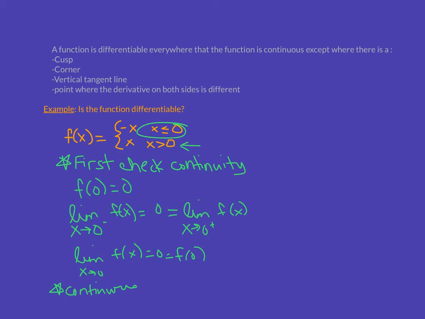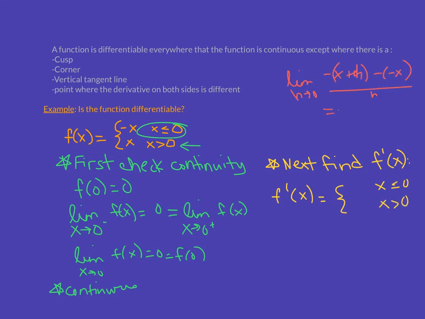So we know that that has been satisfied. The next thing we need to do is determine whether or not it is differentiable. So in order to do that, we need to find f prime of x. In order to find that, we have to do our two derivatives separately. So we're going to do that right now.